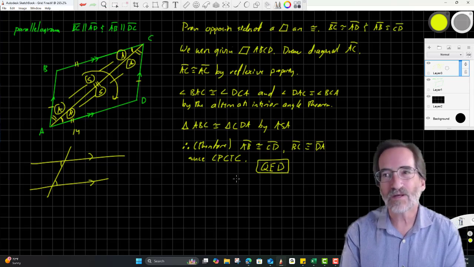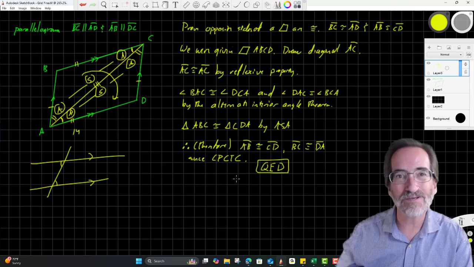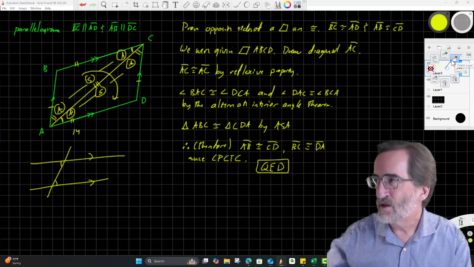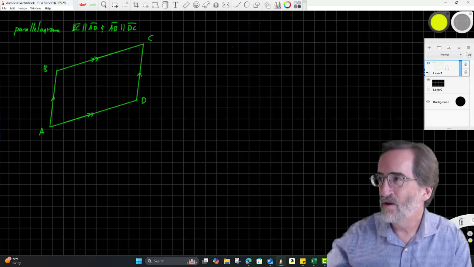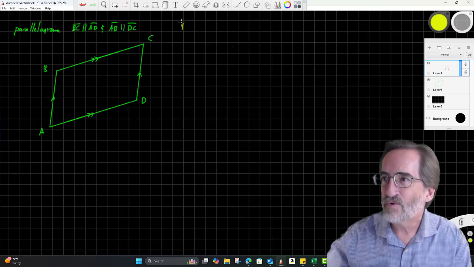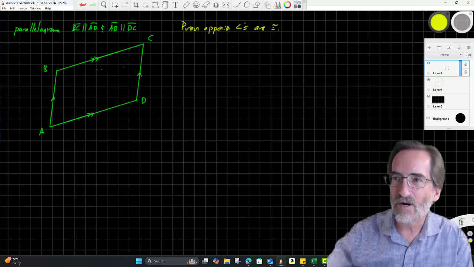And I want to see if I can squeeze in one more here, and that is proof that opposite angles are congruent. Okay, so let's go ahead and get rid of this here and add a new layer. Prove opposite angles of a parallelogram are congruent.